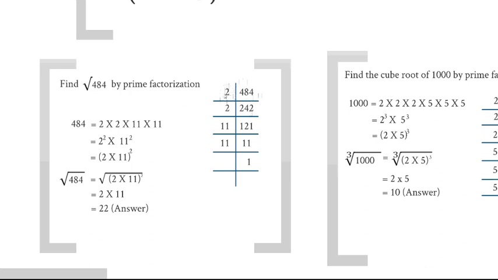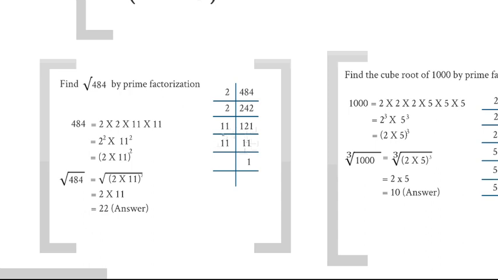So 484 divided by 2 is 242, and 242 again I divide by 2 to give me 121, which cannot be divided by 2 any further, so I divide by 11, the lowest prime factor of 121. 121 divided by 11 is 11, and of course 11 being a prime number can only be divided by itself.